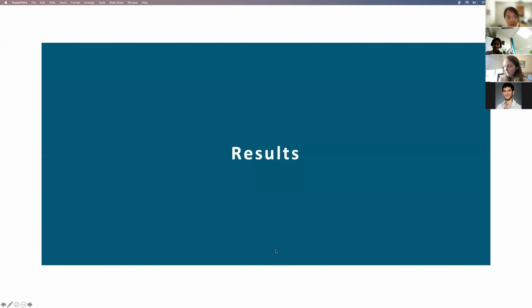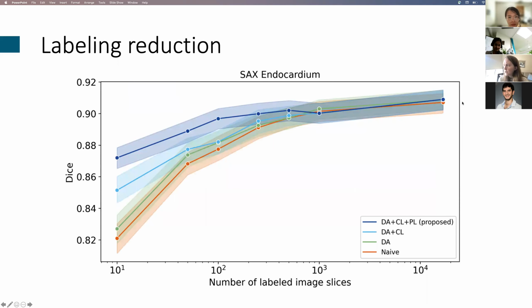Got it. Okay, thanks. You can see that we really don't get any boost in these high data regimes from incorporating the self-supervised loss or the pseudo-labeling step. There might be boosts in other dimensions. Maybe it's more robust, I don't know. But we really only see the unlabeled data helping in the low labeled data regime.